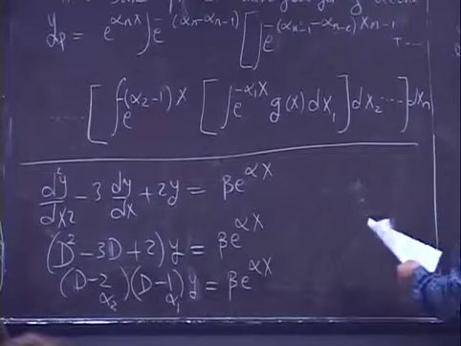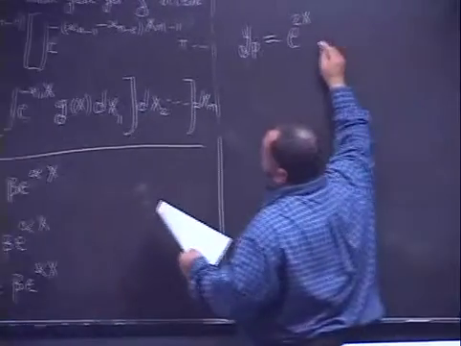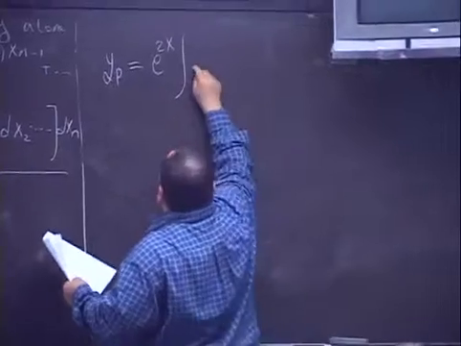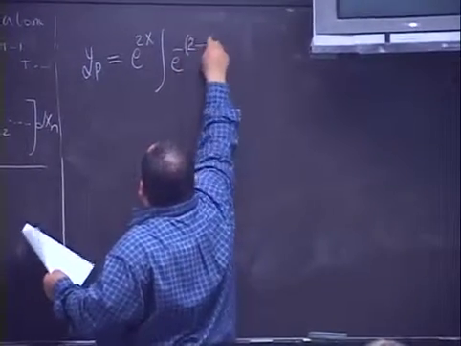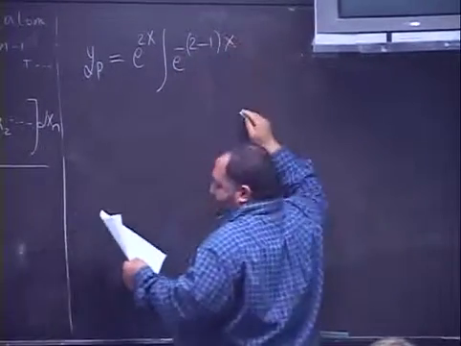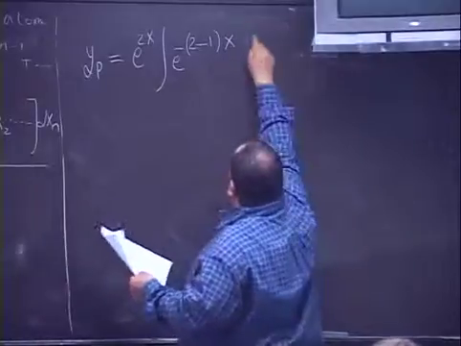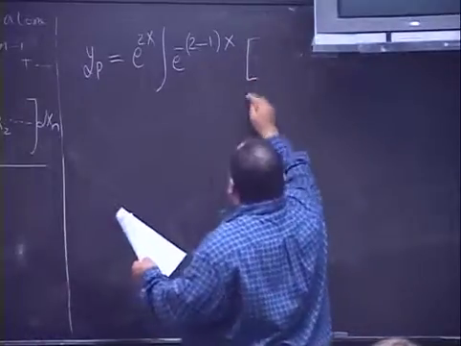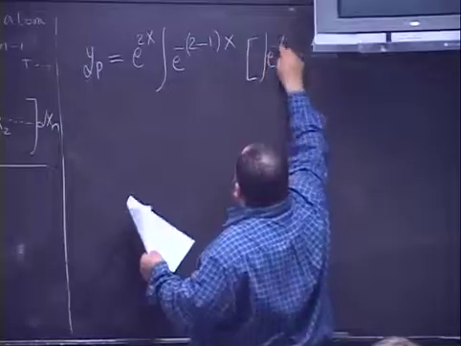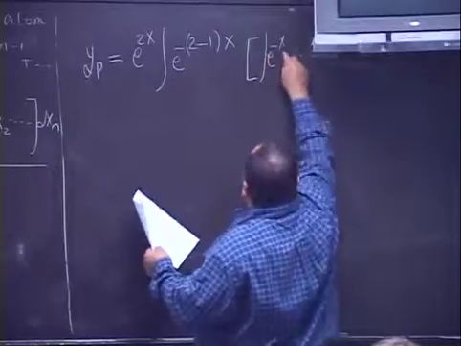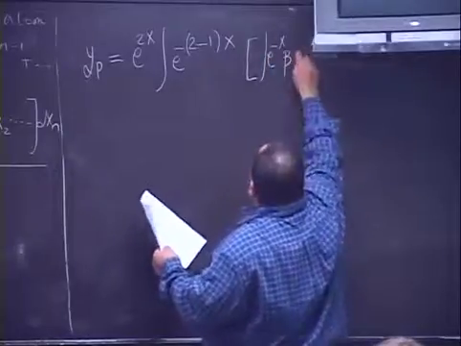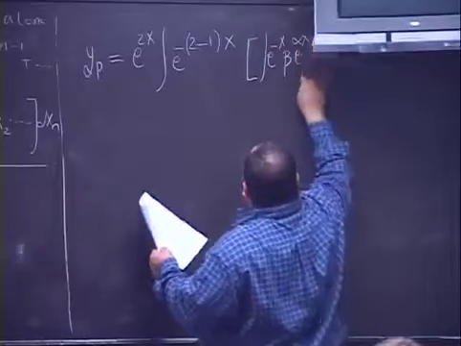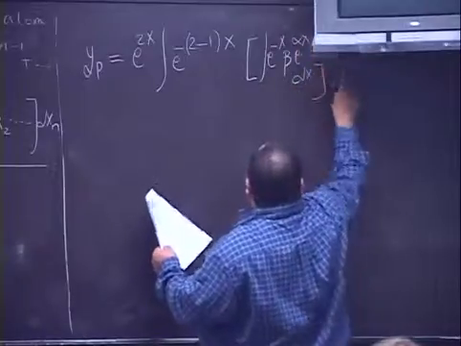So this would be e to the power of 2x multiplied by e to the power of minus 2 minus 1 x multiplied by the integration of e to the power of minus x, g is beta e to the power of alpha x, dx.